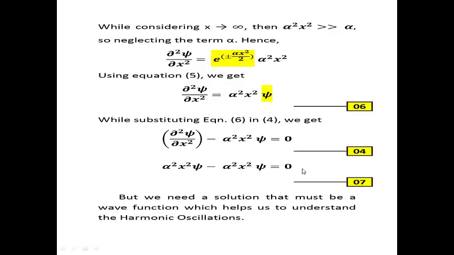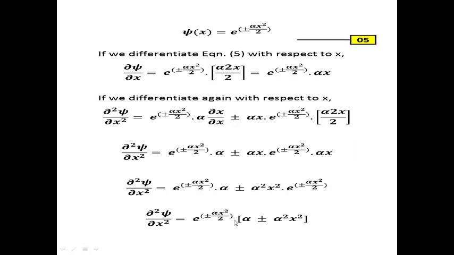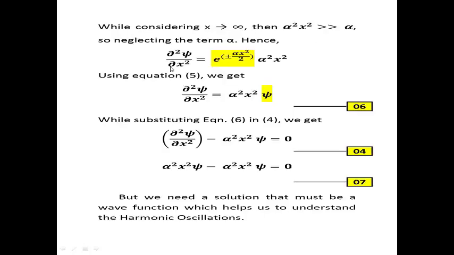We already know that if we consider x tends to infinity, then definitely the value of alpha squared x squared must be much greater than alpha. So once I neglect the first term of this equation, I get the final term of the second order differentiation of the wave function psi of x, as we got from the differential part, equal to e exponential of plus or minus alpha x squared by 2 into alpha squared into x squared.